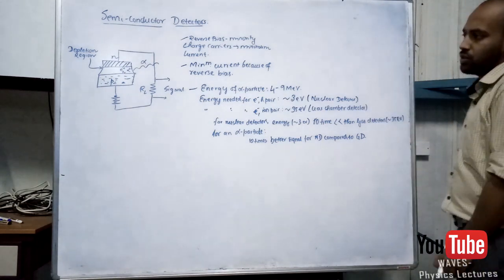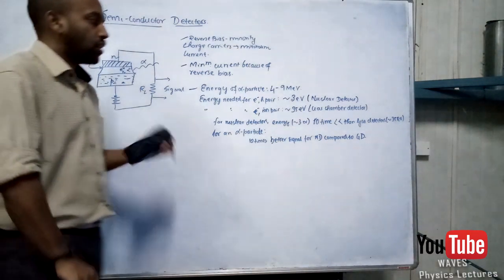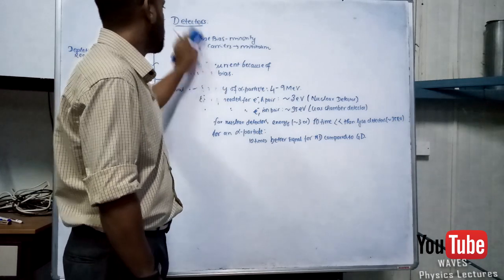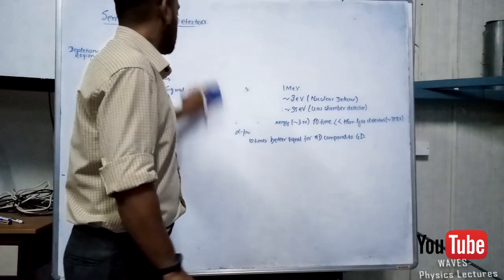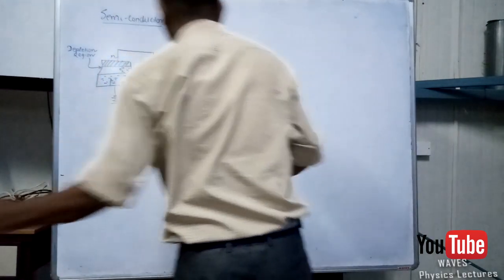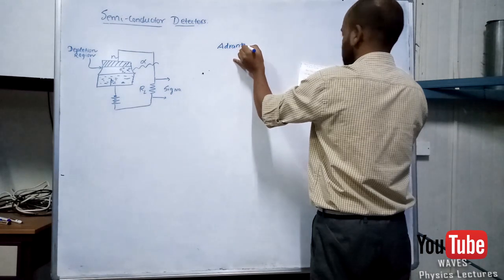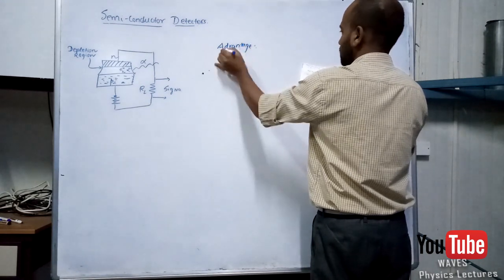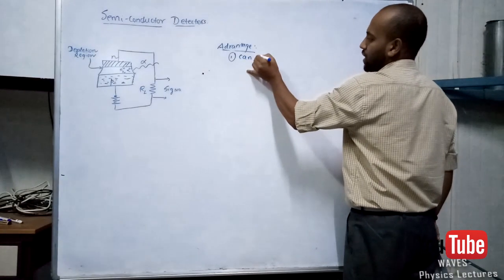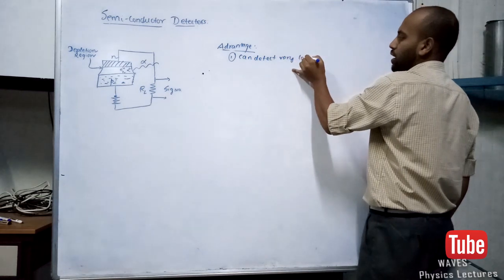Is it clear, the duty of semiconductor detectors? Now, what are its advantages? We have already seen some advantages, but let me list down some more. If you consider the advantages, it can detect very low energy particles.